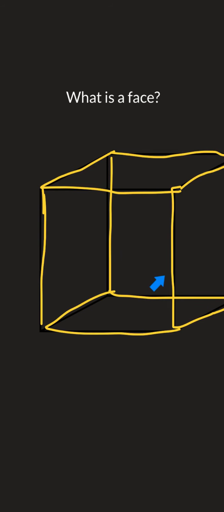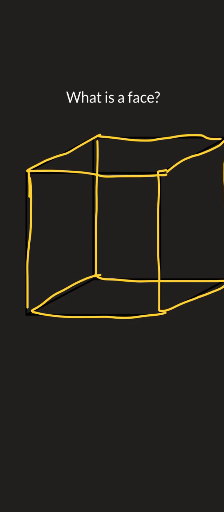You can see it's made up of different squares. A square is a two-dimensional shape. So you can see there's a square on the top here, and a square at the back, and a square at the side. Each of those is its faces.